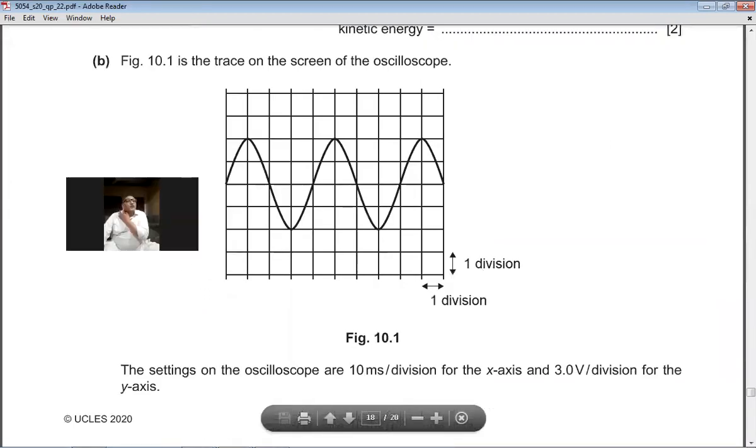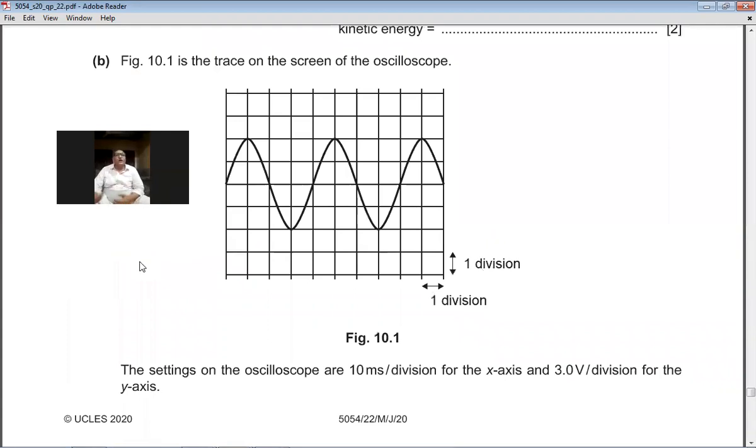Okay, so the next is the B part. Figure 10.1 is the trace on the screen of the oscilloscope. The settings on the oscilloscope are 10 milliseconds per division for the x-axis and 3 volt per division for the y-axis.